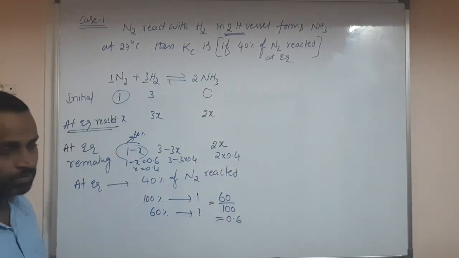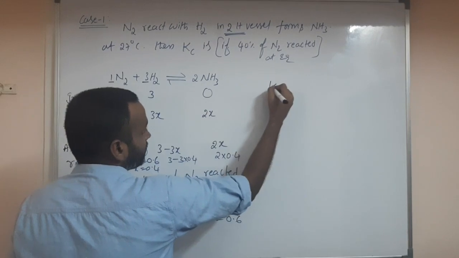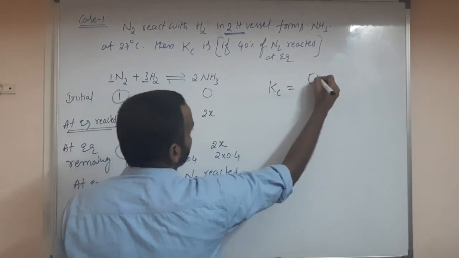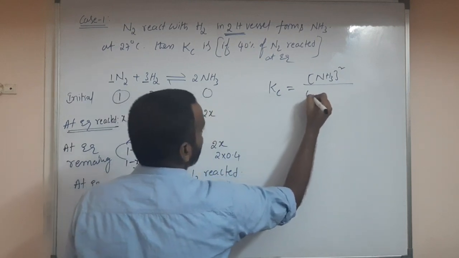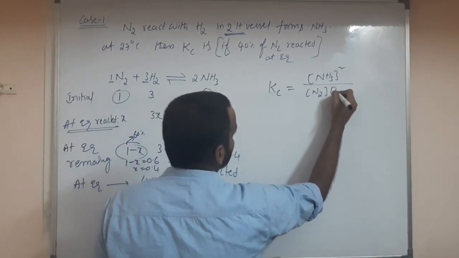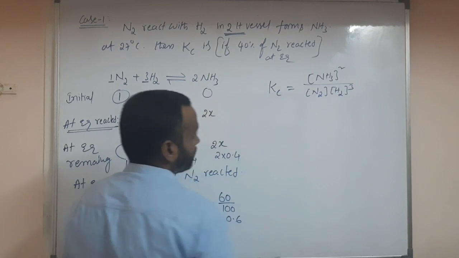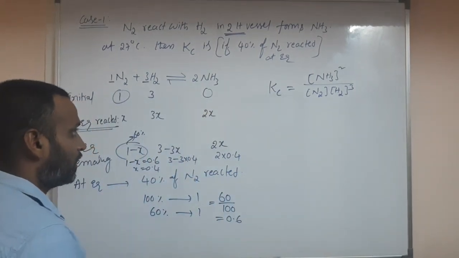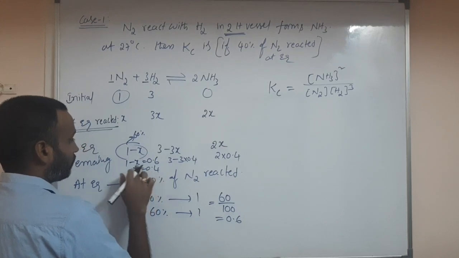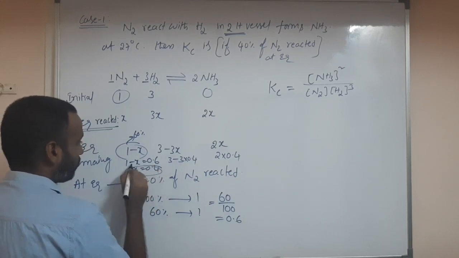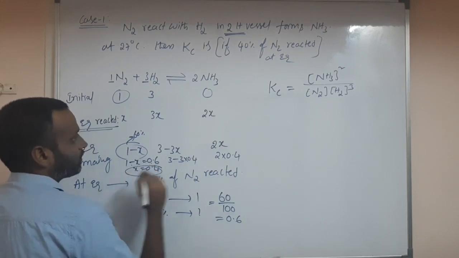x is 0.4. So what is Kc? You can write now: Kc is the concentration of NH3 whole square by the concentration of N2 and the concentration of H2 whole cube. This is Kc. Now what concentrations? This x is 0.4, but 1 minus x is 0.6, and this you have to take.